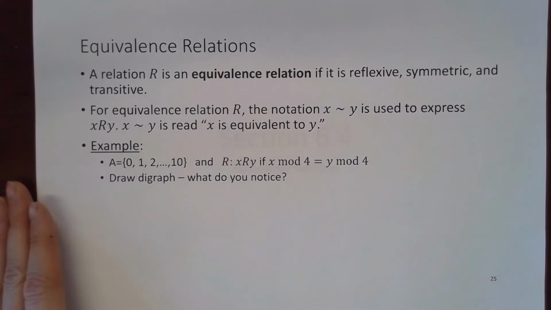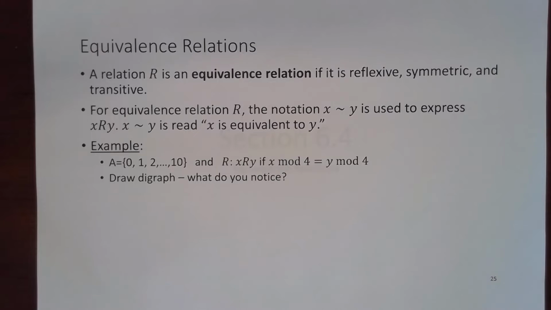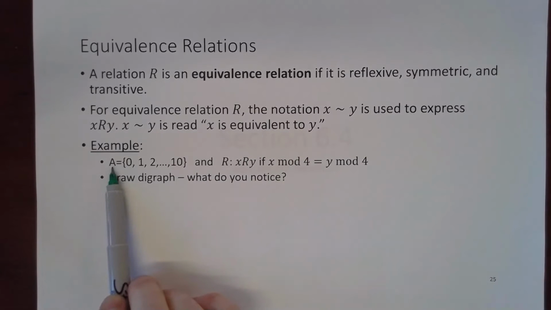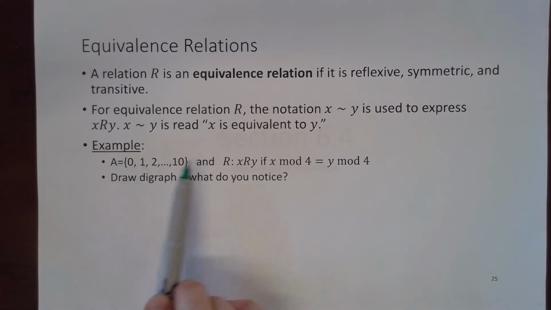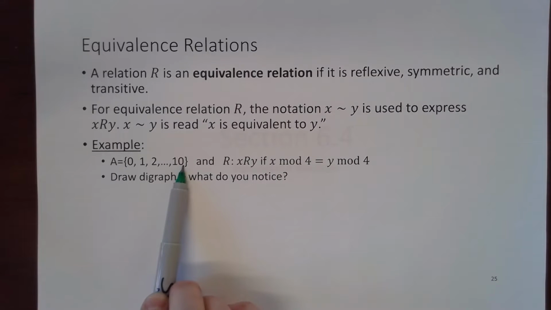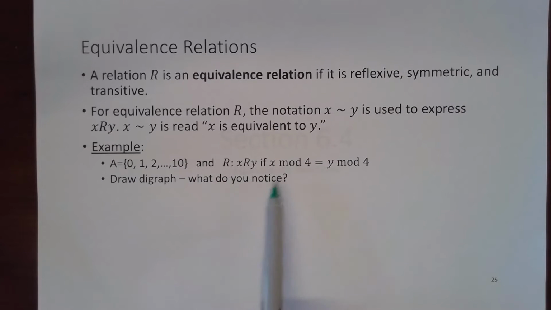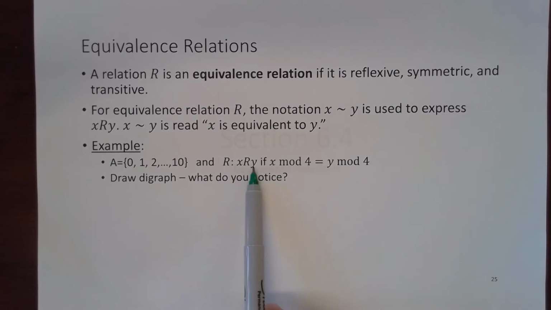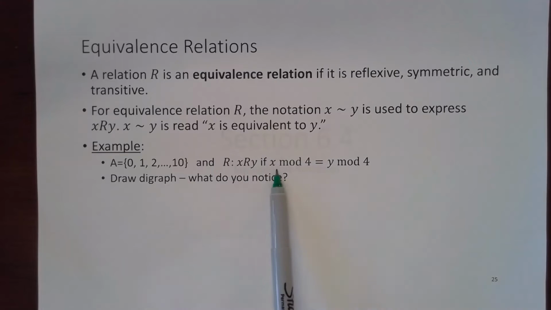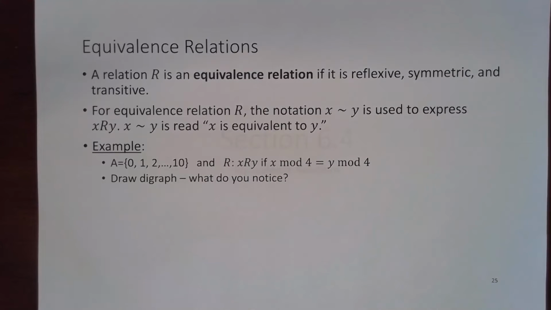So we're going to look at an example. Let's say we have the set of non-negative integers from 0 to 10. Our relation is going to be defined as x is related to y if x mod 4 and y mod 4 are the same.